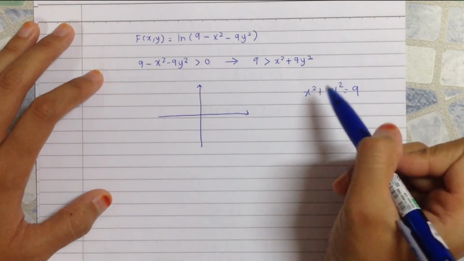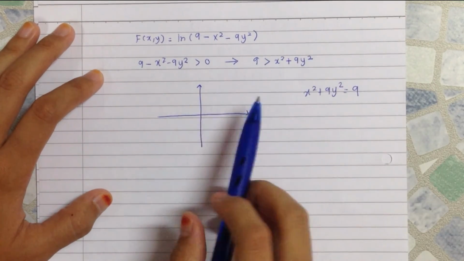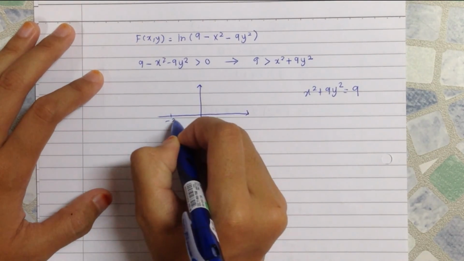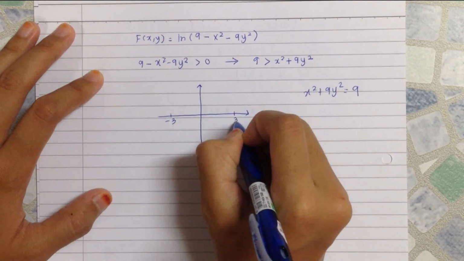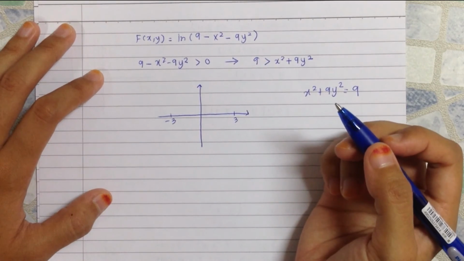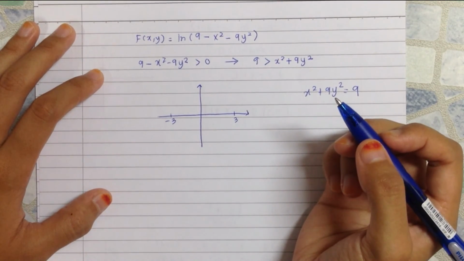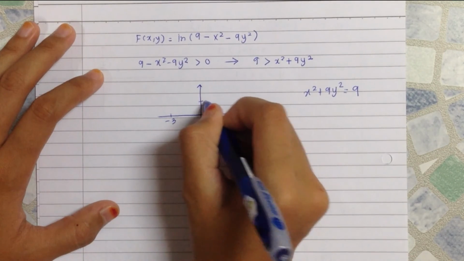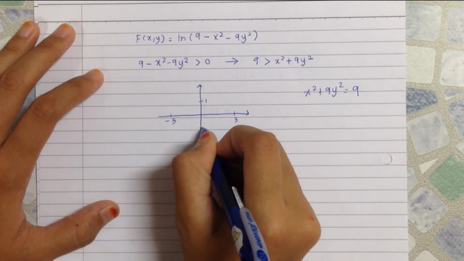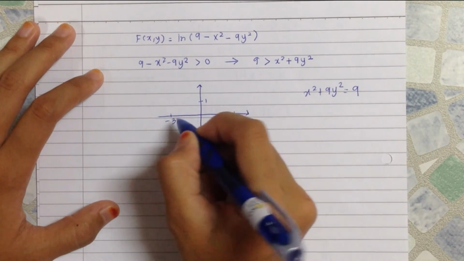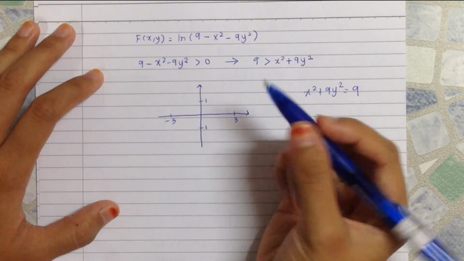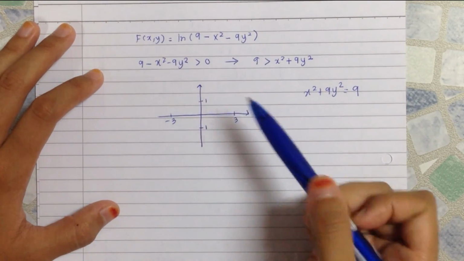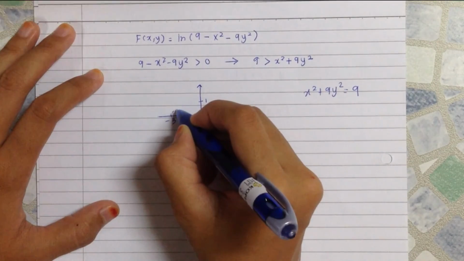So if my y value is 0, my x could vary from -3 to 3, and then if my x value is 0, then my y values could vary from 1 to -1. So essentially the ellipse I get will look like this.